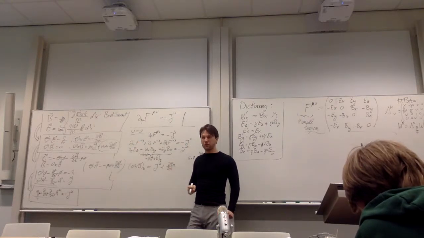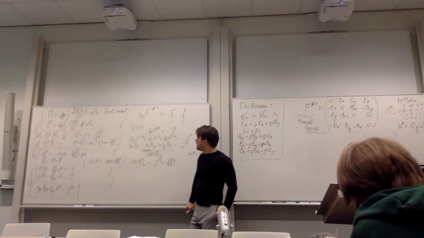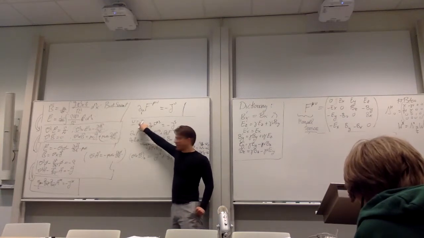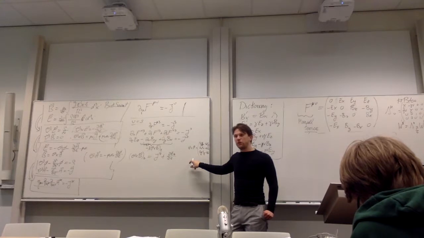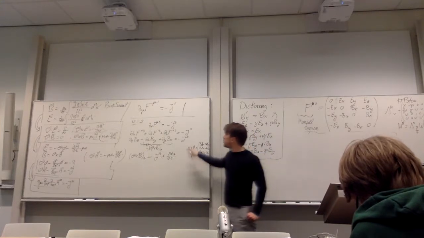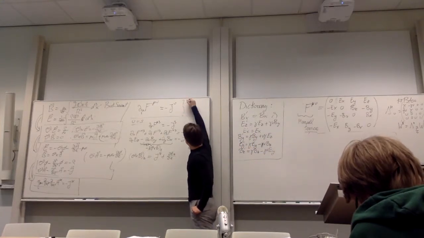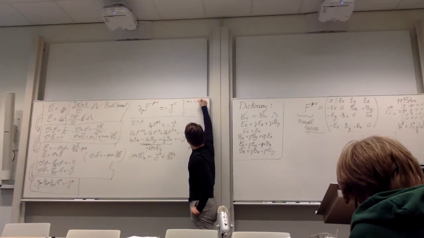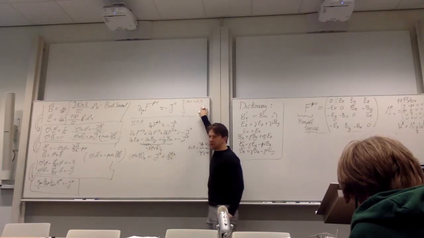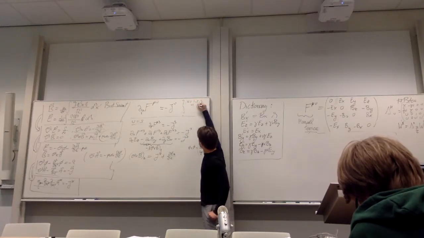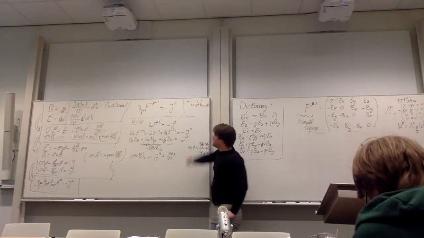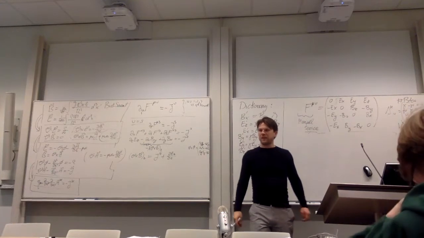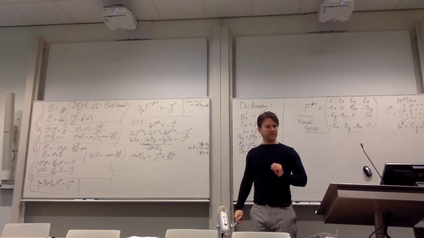This is an exercise you can do for yourself. If you make mu is 1, you get the x component of the fourth Maxwell. If you take mu is 2, you get the y component. So, conclusion, if mu is 1, 2, 3, these combined give you the fourth Maxwell equation. Let's do nu is 0.